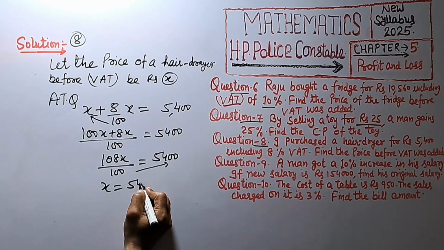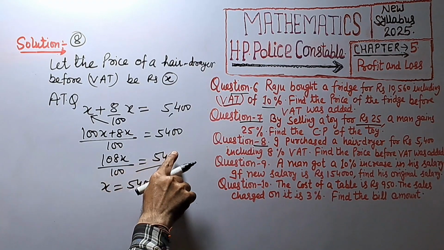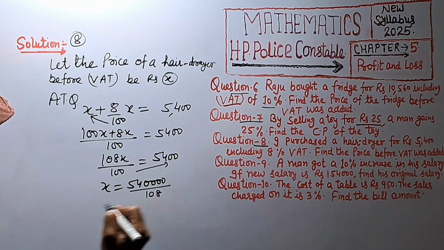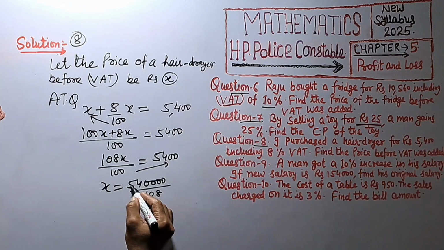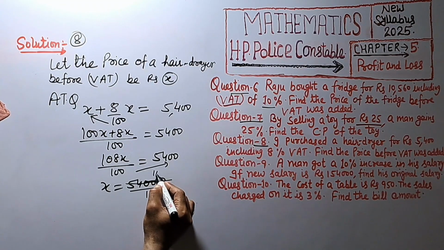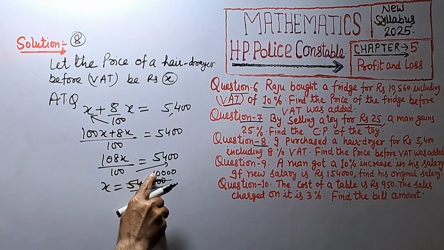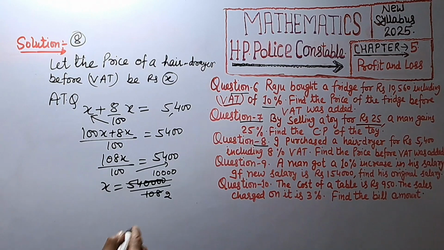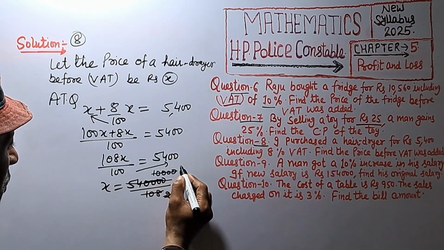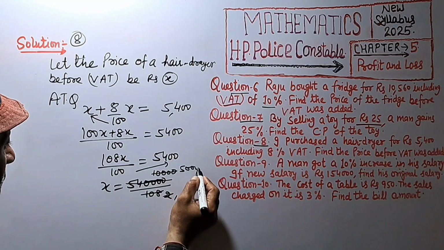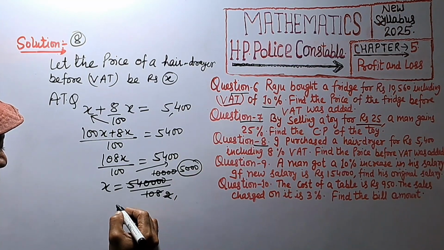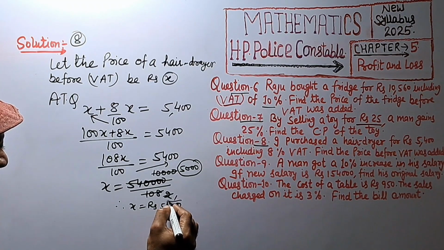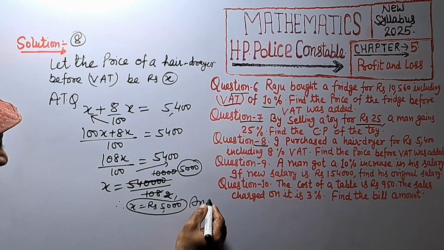And x is equal to 540000, multiplied by 100, that is 4 zeros, and divided by 108. 54 ones are 54 and 54 twos are 108. 2 ones are 2 and 2 fives are 10, 5,000. So x is equal to rupees 5,000.